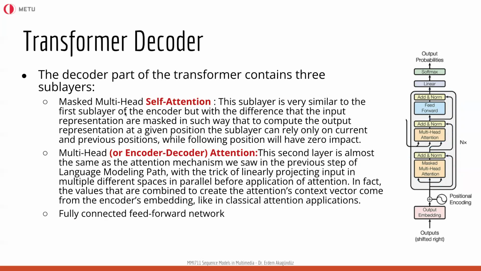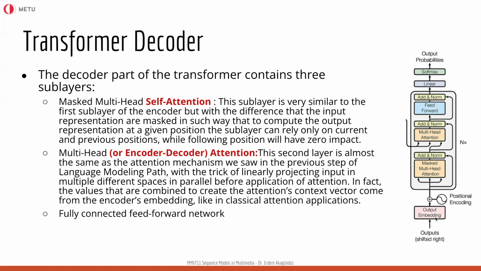So the first sublayer is masked multi-head self-attention, which is this part, guys. What you have here is the decoder hidden states applied into self-attention. What the decoder hidden states are is the output coming from here to here and being fed back.